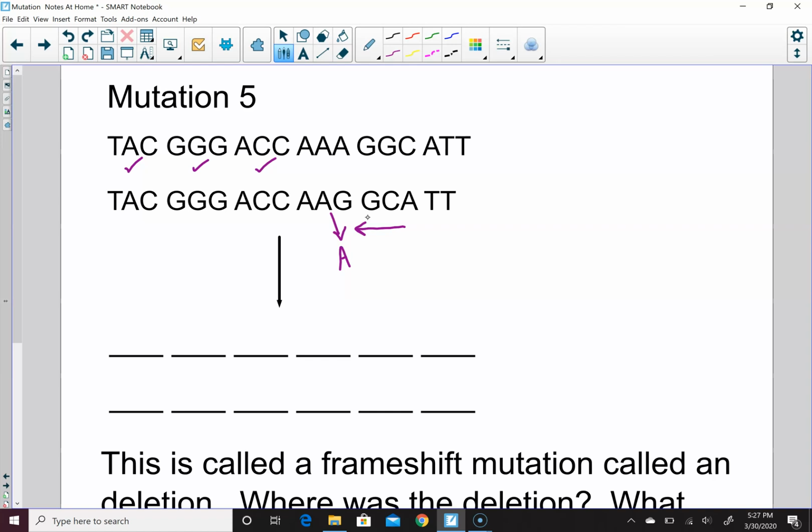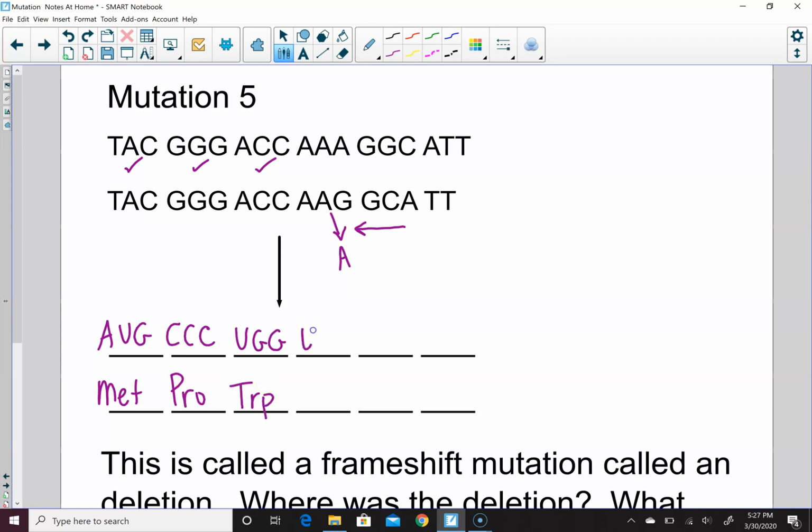So let's see what happens. This is still AUG. Nothing changes there. Met. This is CCC. Nothing changes there. Still Pro, like it's been the last 10 times we did it. This is going to be UGG, and that's going to be Trp. Once again, nothing changed there.